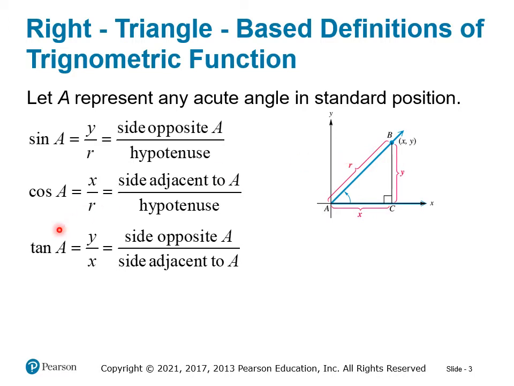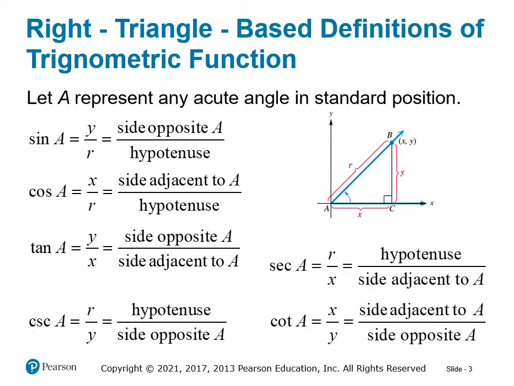For tangent, we're looking for the side opposite the angle over the side adjacent. So the tangent of A is equal to the side opposite, which is y, over the side adjacent, which is x. And then, of course, we have our 3 reciprocal trig functions, which are just the reciprocals of the main 3 functions. For example, sine is the reciprocal of cosecant, cosine is the reciprocal of secant, and tangent is the reciprocal of cotangent.